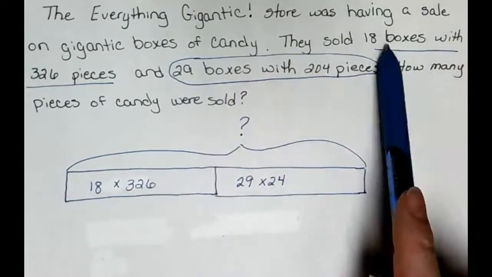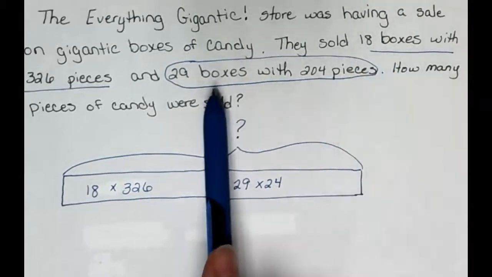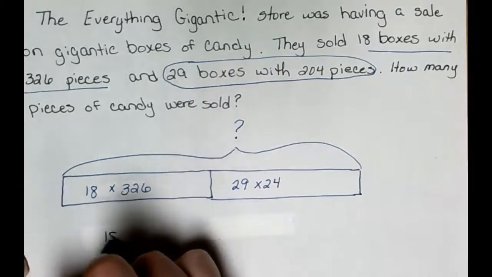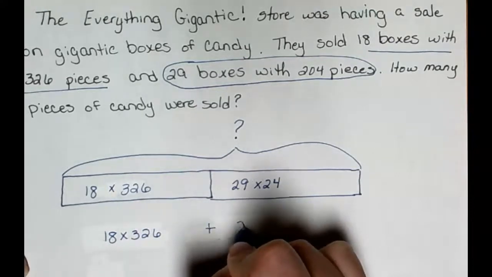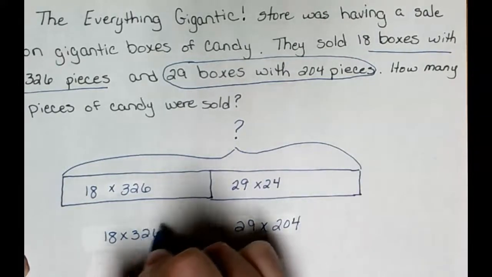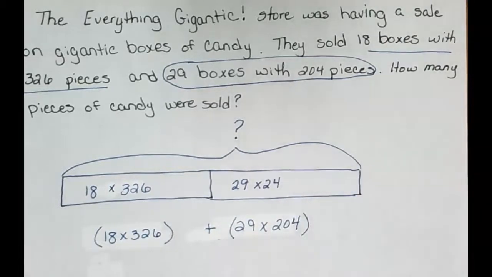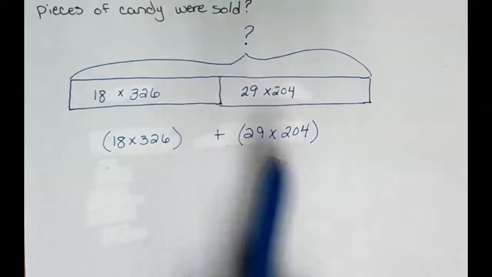If I can find out how many pieces were in the 18 boxes and how many pieces were in the 29 boxes, and then add them together, I will have an answer to my problem. Pause and come back when you have found the answer to each of these two parts of the problem.